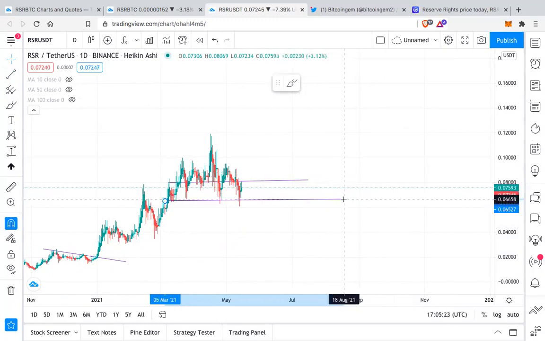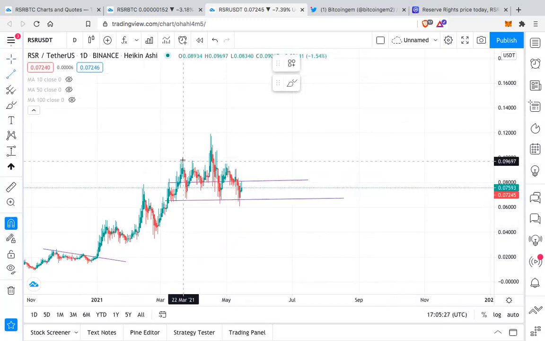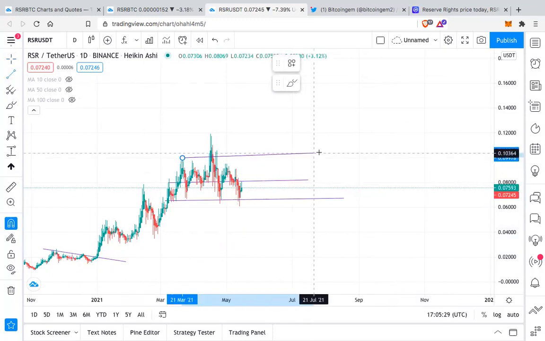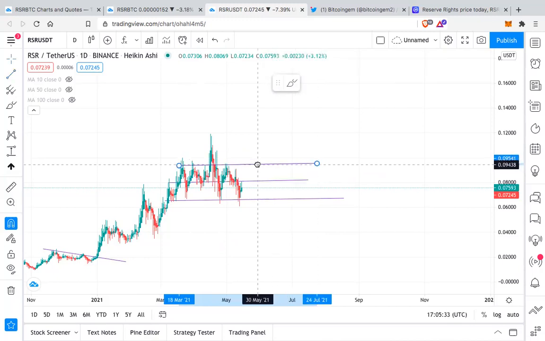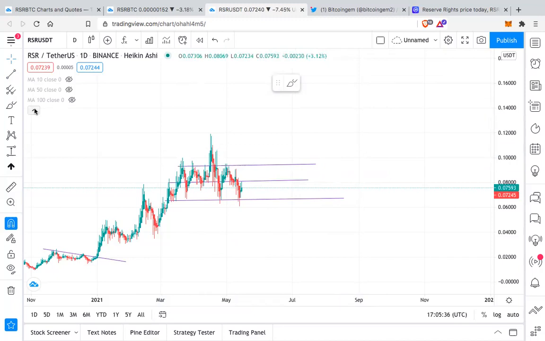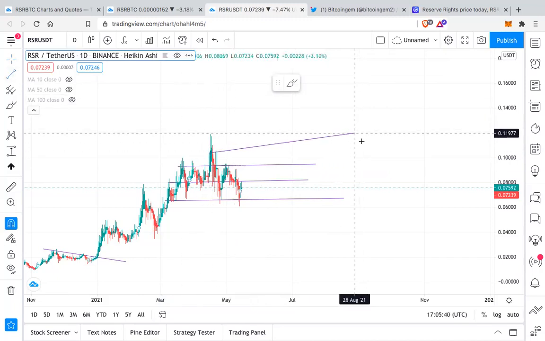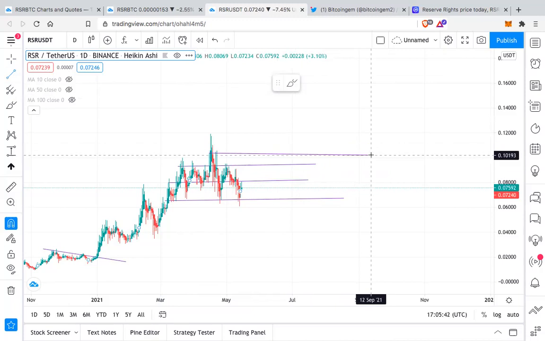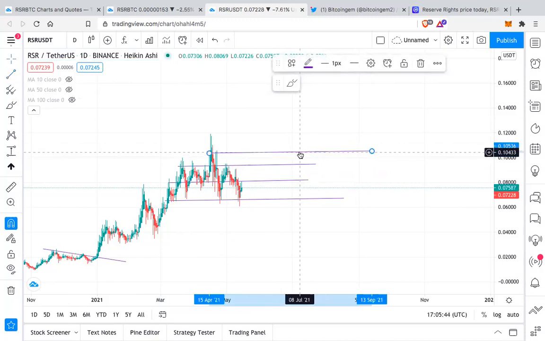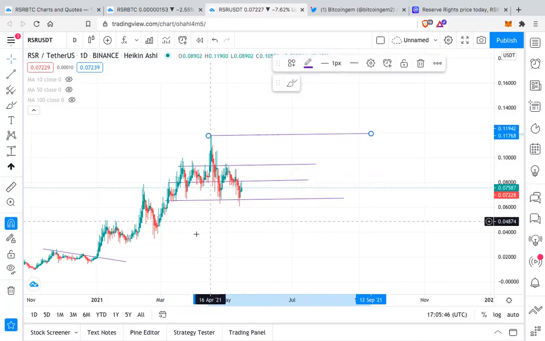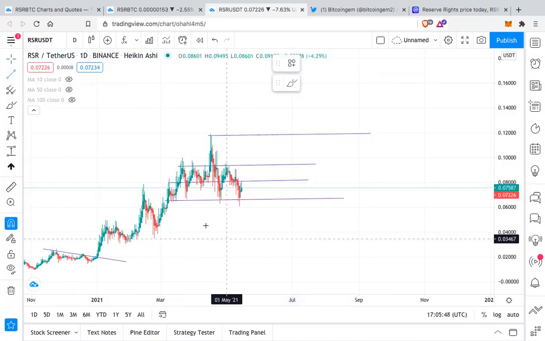It's currently holding as support. These are the resistances that it will face in the short term. And of course, its all-time high. So these are the critical levels to hold.